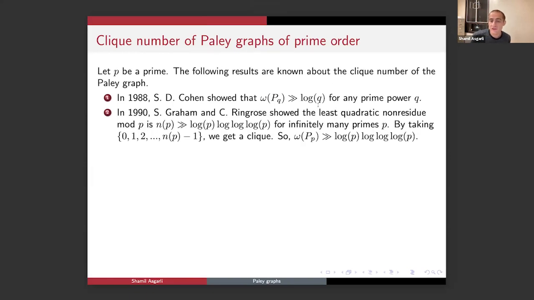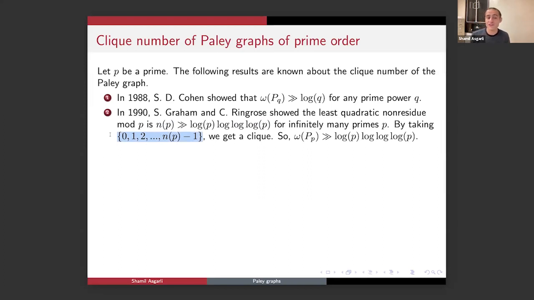In 1990, there was an improvement on the result when Q is a prime P. So Graham and Ringrose showed that the least quadratic non-residue mod P, this quantity N_P, is at least as big as a constant times log P times log log P for infinitely many primes P. And why is this relevant? Because if N_P is the least quadratic non-residue, then we can take the set 0, 1, 2, all the way until N_P minus 1.